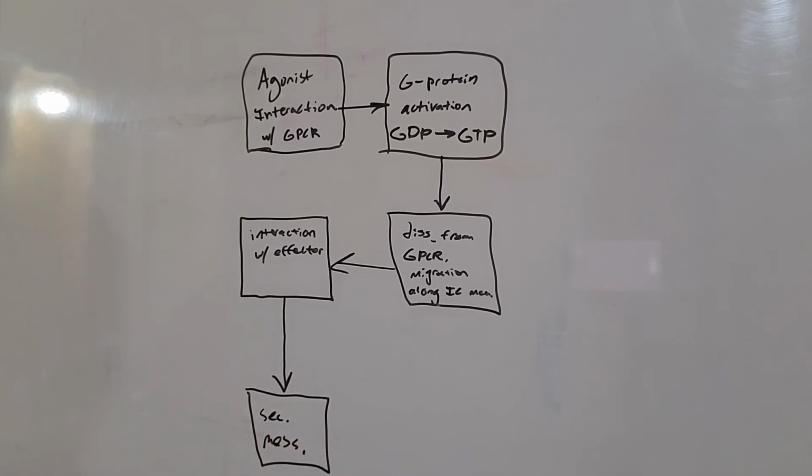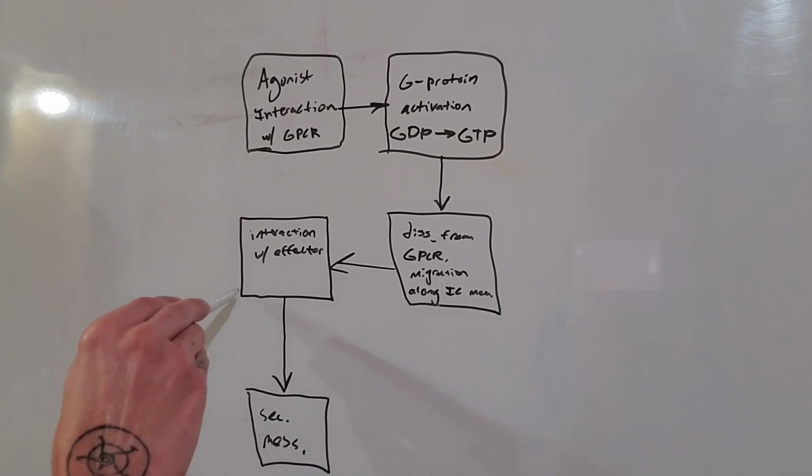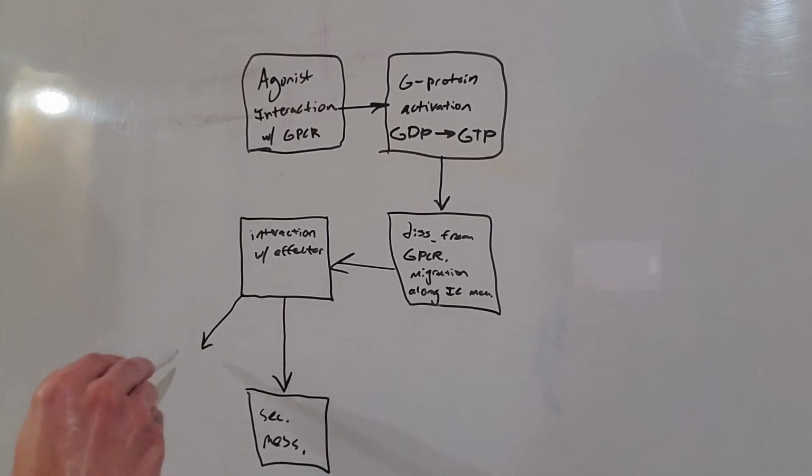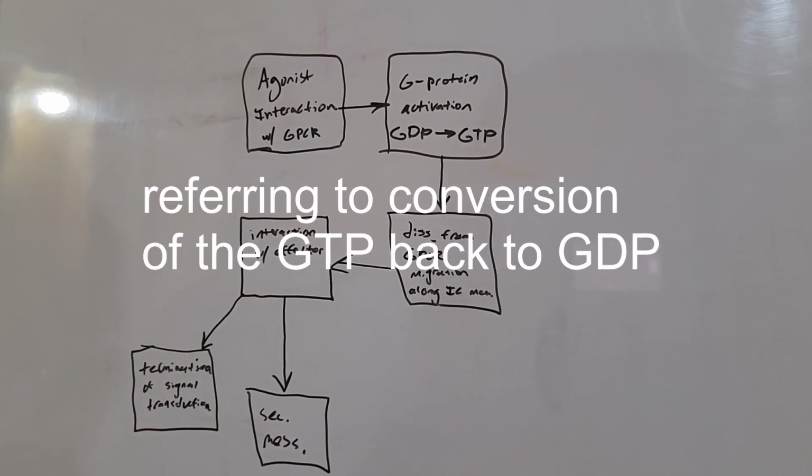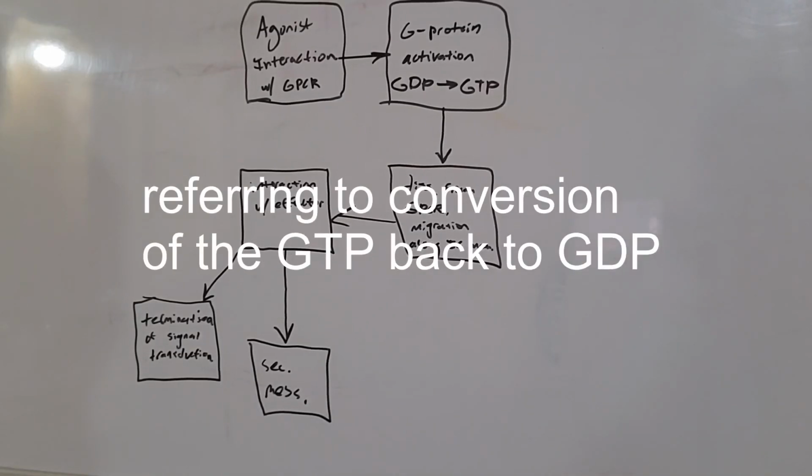So we have the propagation of the secondary messenger, and also the G protein can go on and keep encountering effectors and activating them. But eventually, over time, we have the termination of the signal transduction, which means we have either a regulatory protein like the RGS, regulator of G protein signaling, which helps facilitate hydrolysis, or over time the natural enzymatic capabilities of that G protein alpha subunit converting it back.